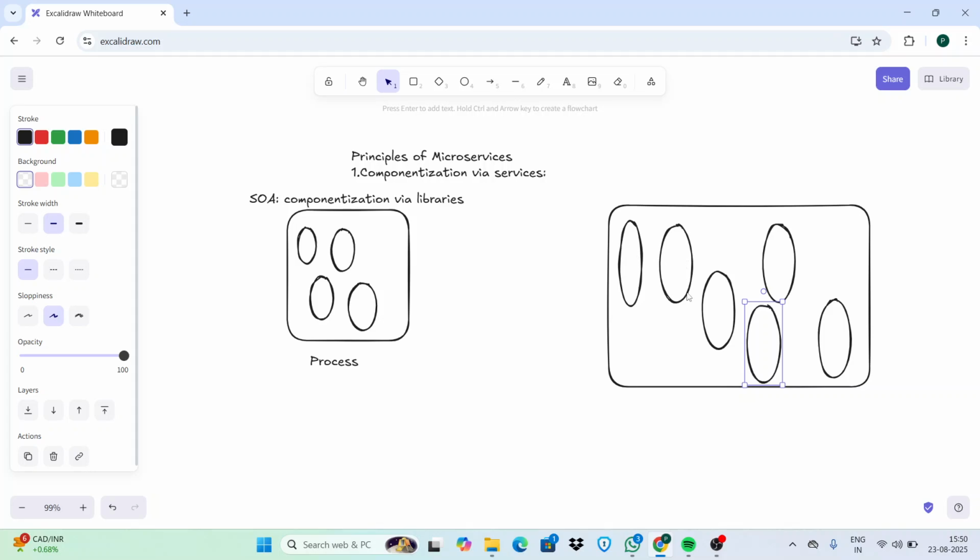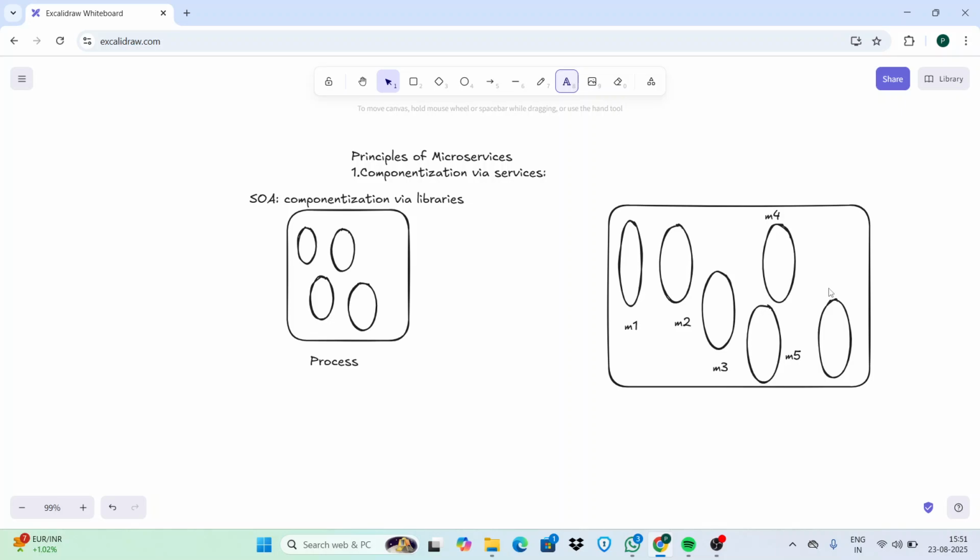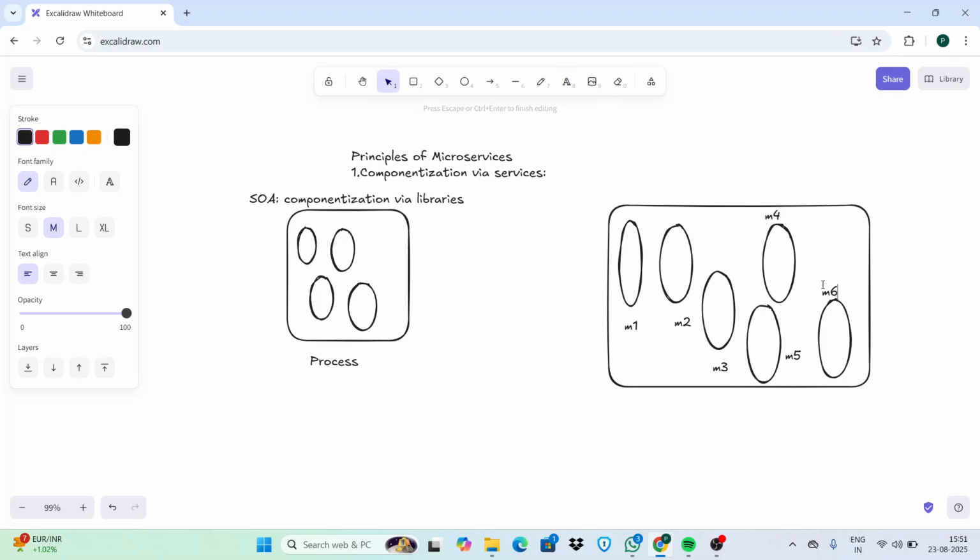The system is broken down into a number of microservices, but these microservices are independent services. Consider this is M1, this is M2 microservice, this is M3, this is M4 microservice, this is M5, and this is M6 microservice.